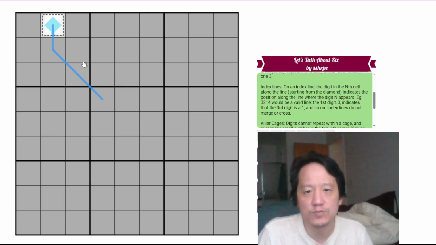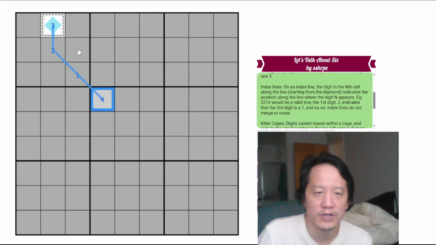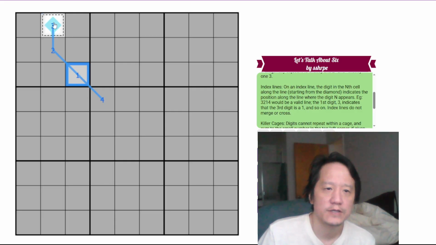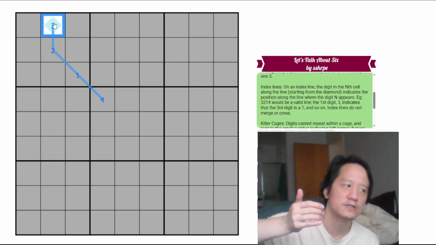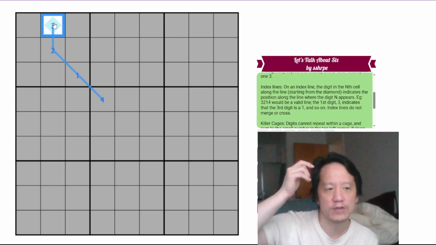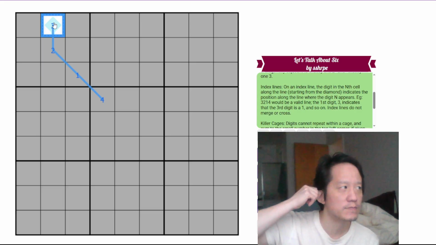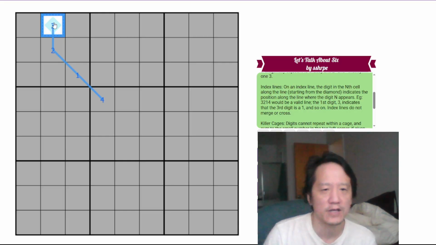So if this were to be 3, 2, 1, and 4, this is valid because the first digit, 3, indicates that the third digit is a 1, right? So again, the digit that is in the nth place indicates where that n is on the line.